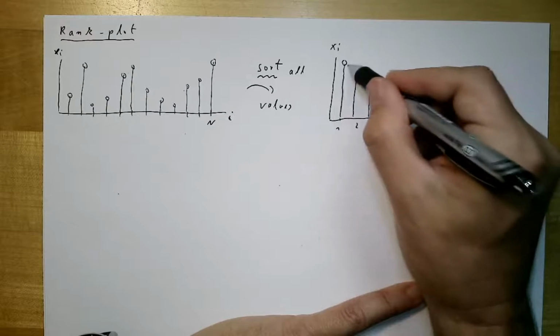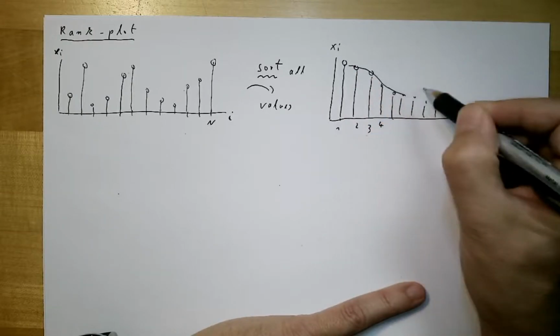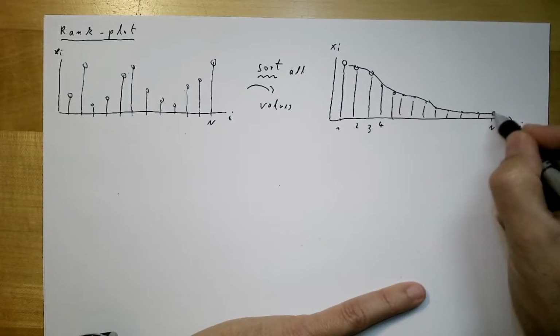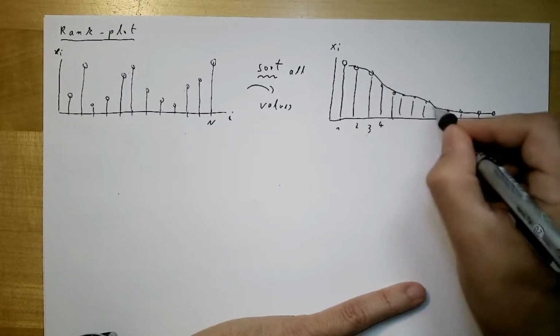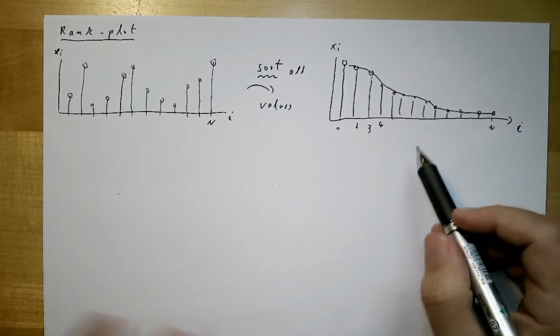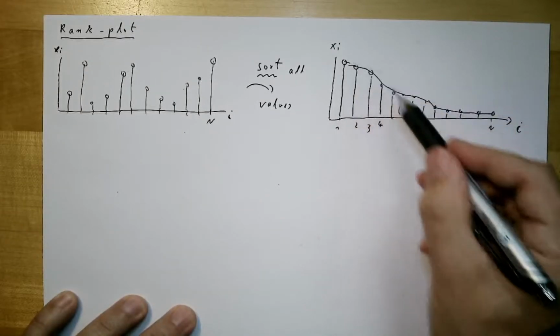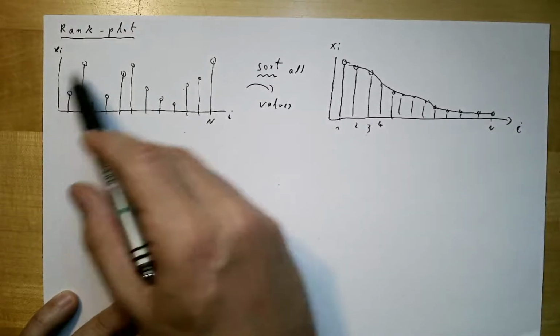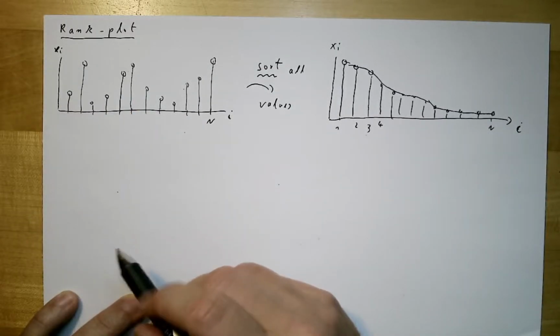And to better see this, we can connect the points here by line. And then the resulting function, of course, is a representation of the distribution from which the x are taken.